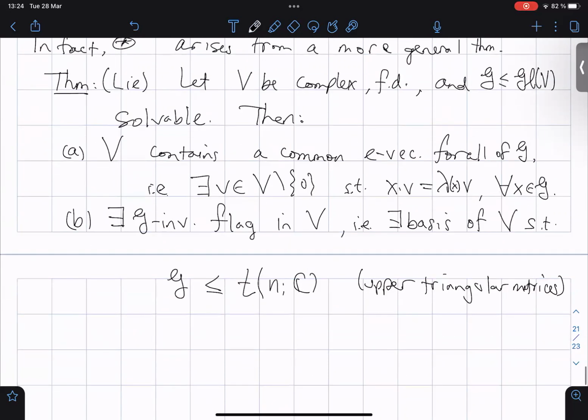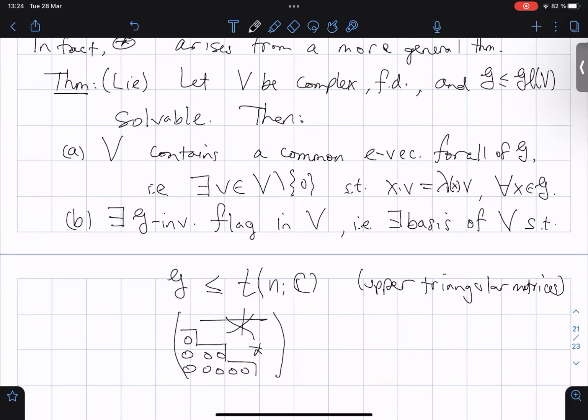So basically, at least in this way of representing it, G has this kind of block shape. Okay, so you have some stuff that you don't know over here, but then a bunch of zeros like that.